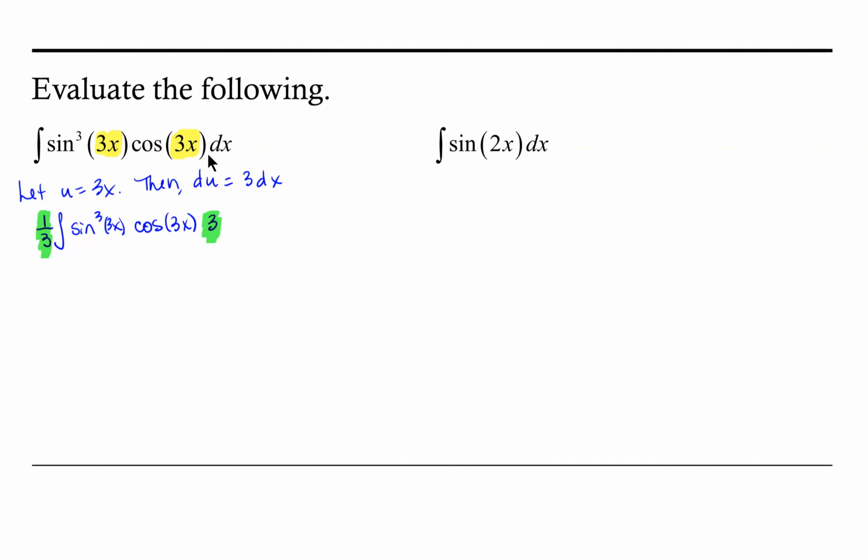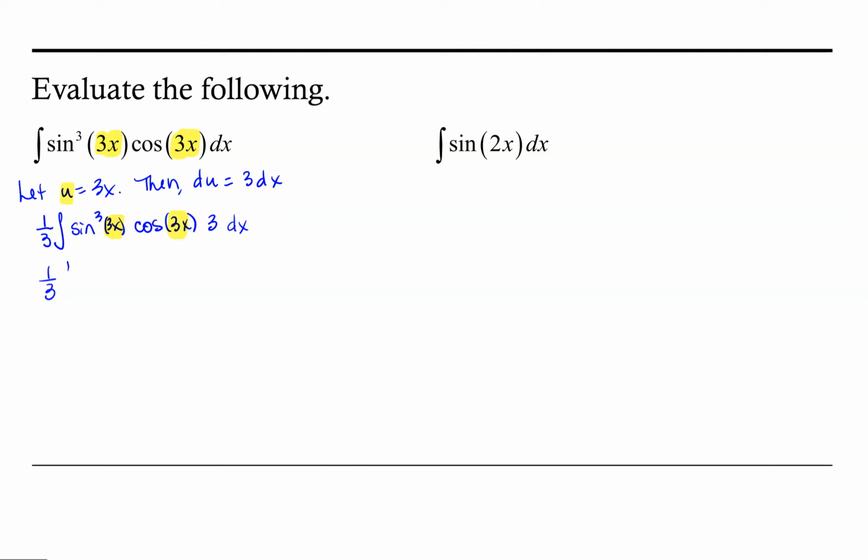We've only multiplied by 1, and that 1 is cleverly disguised as 3 times 1/3, and then we'll have our differential dx. If I do this substitution then, I have 1/3, and then I'm replacing 3x with u.